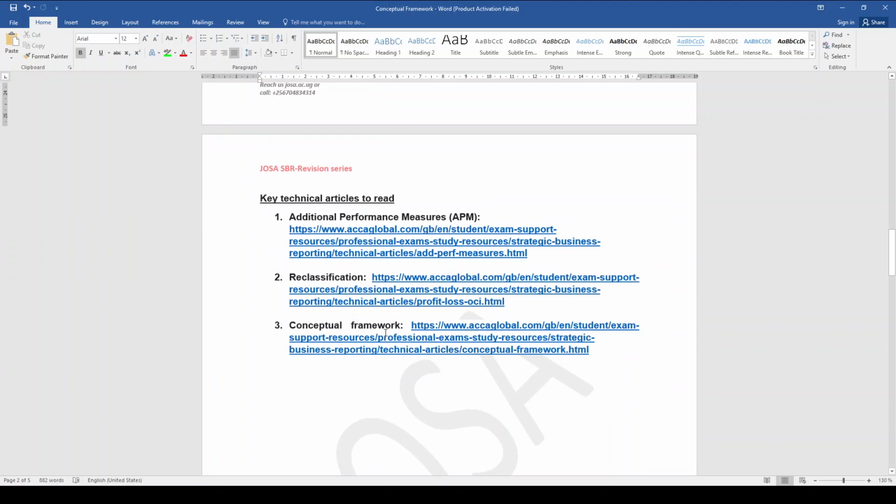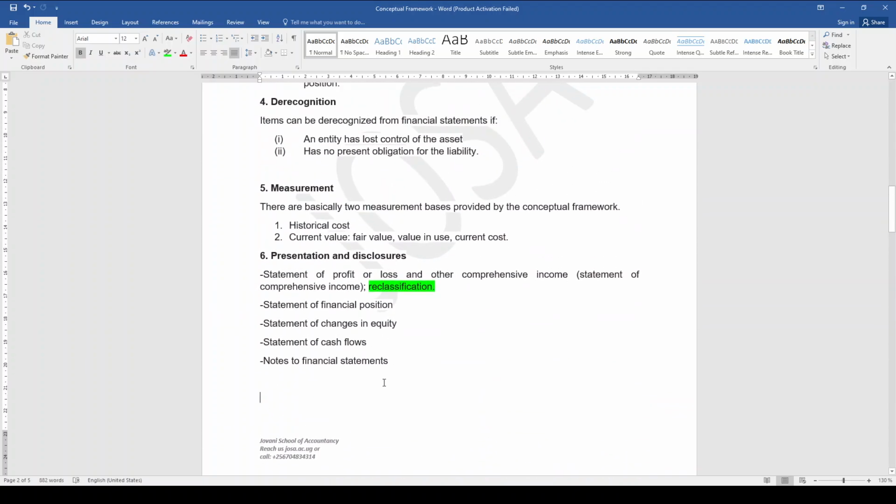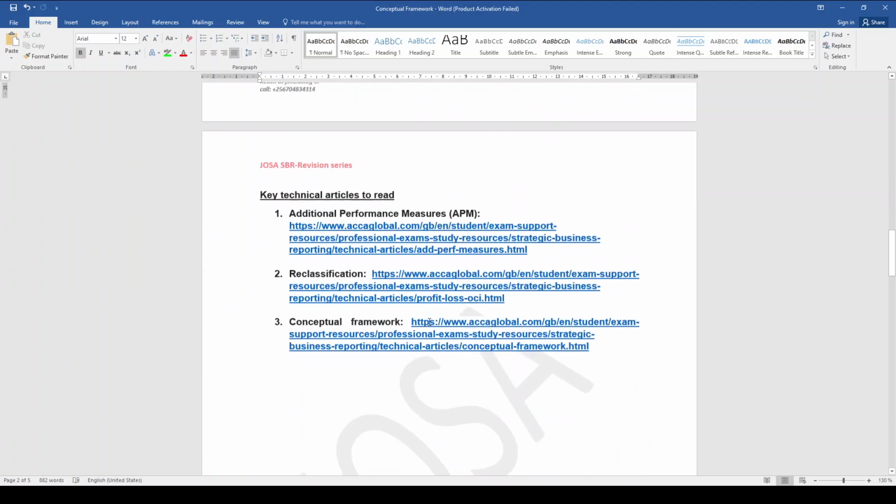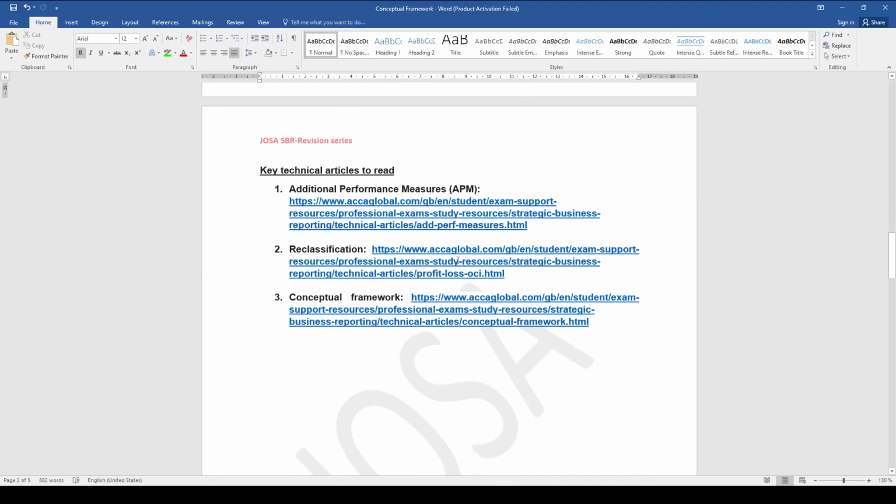So let us walk through the conceptual framework technical article, because that is one of the resources that you can use to crack this SBR. After going through the normal texts, you should read the technical articles so that you can consolidate the information that you have.